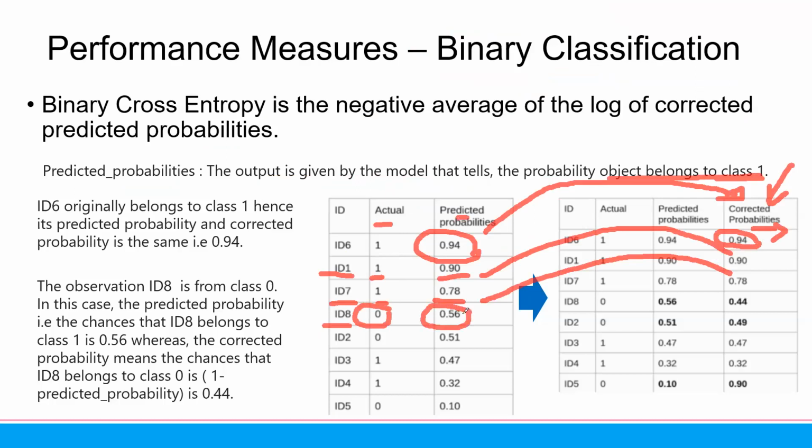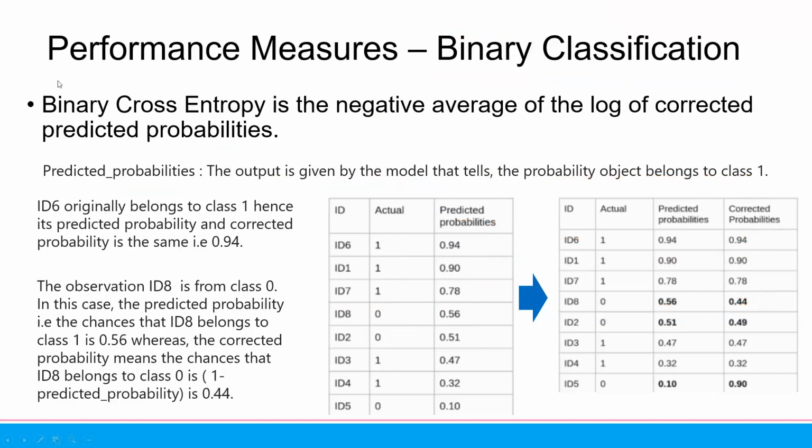It is the probability the object belongs to class 1. But the actual is 0. So in order to get the corrected probability, we need to subtract. The corrected probability will be 1 minus 0.56, because the maximum of probabilities is 1. So the value 0.44 will be here.